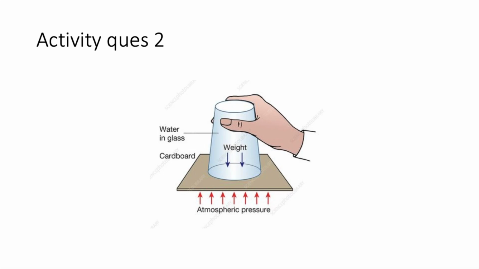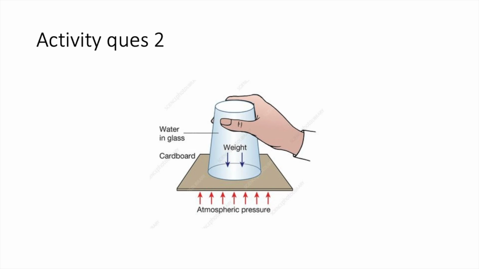Earlier, in part 7 of the series, we studied under properties of pressure that air exerts pressure in all directions. Air exerts its atmospheric pressure on the card from outside the glass. The magnitude of atmospheric pressure is huge, as we already studied in part 8 of the series.